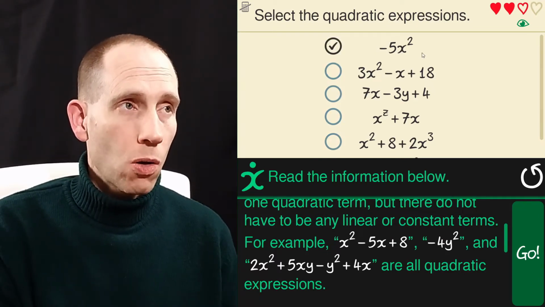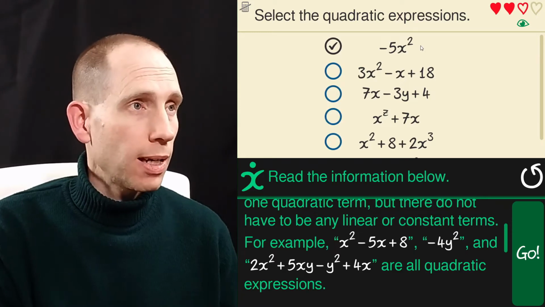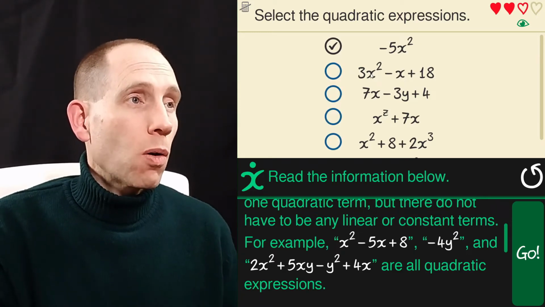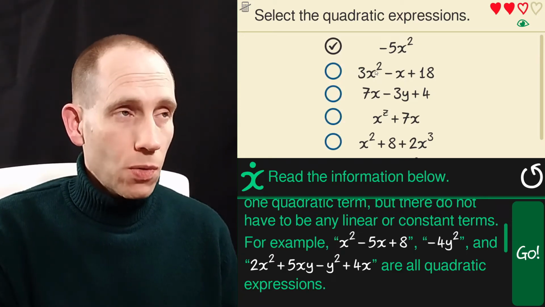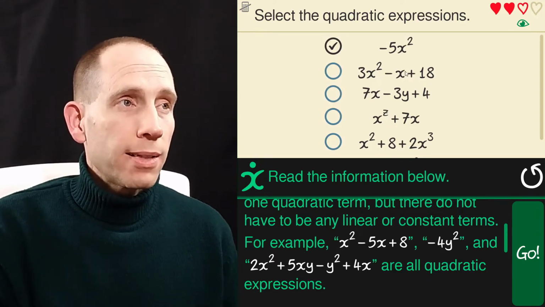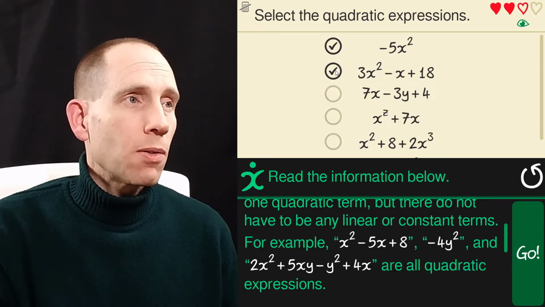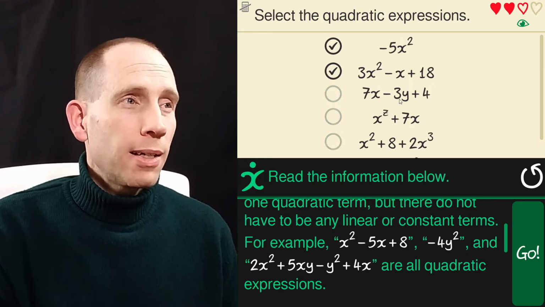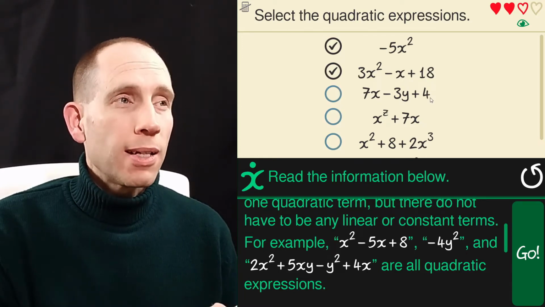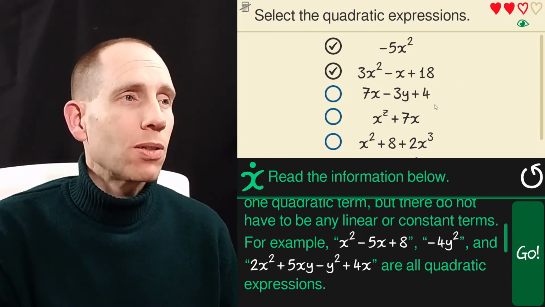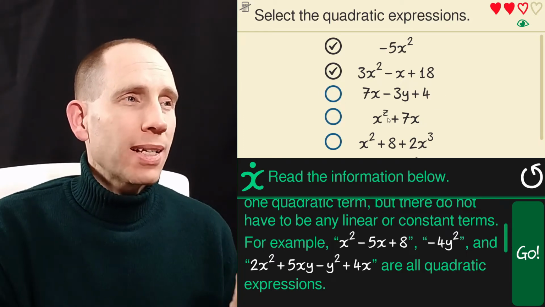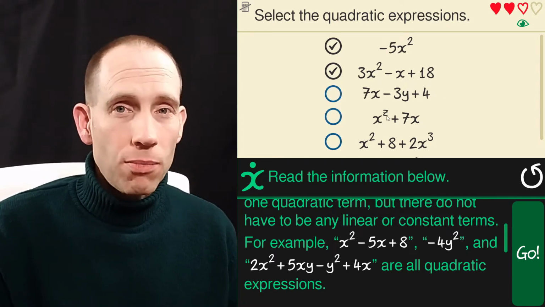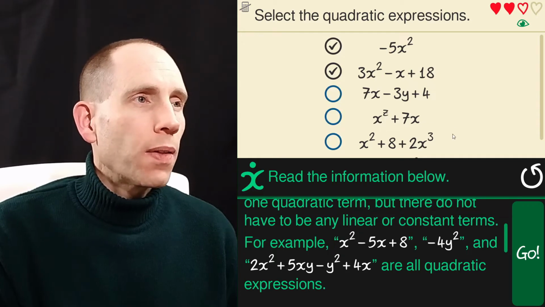So this one's just got a quadratic term, so that's a quadratic expression. This one's got a quadratic term plus 3x squared, that's quadratic. A linear term and a constant term, so that's okay. This one's got a linear x term, a linear y term, and then a constant term, so that's a linear expression, not a quadratic one. This has got an x to the power z, which is not quadratic, so not that one.